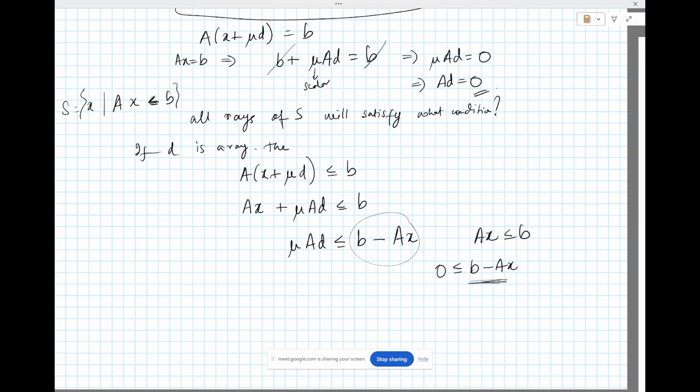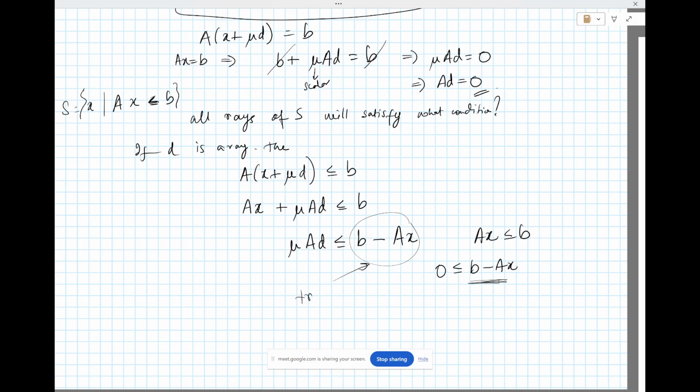Got it. So then how do we show? So this is true for all x.